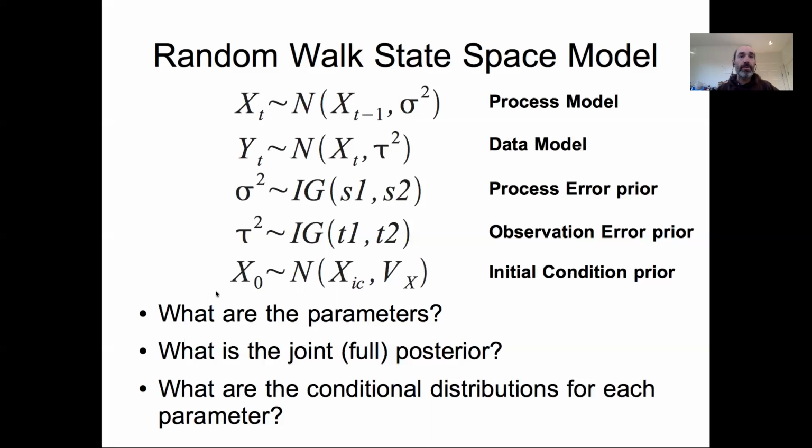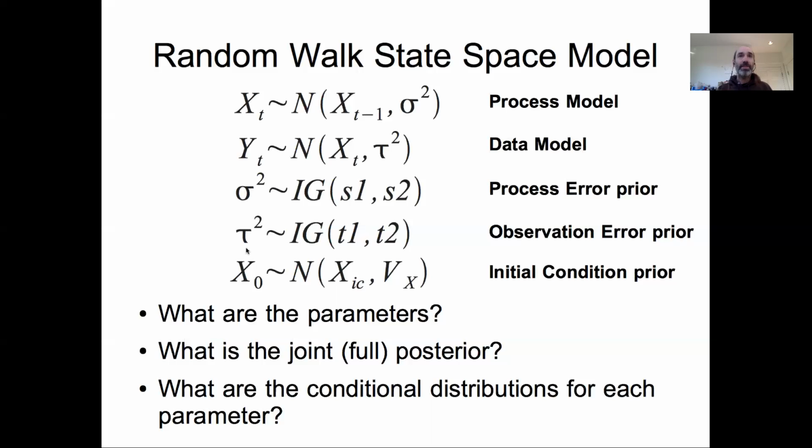Okay, so first we'd ask, what are the parameters that actually need to be estimated in this model? The obvious ones are the sigmas and the taus. The non-obvious one is all of the x's. Remember that all of these x's are latent variables, so we have to actually estimate every single x as well as the sigmas and the taus.